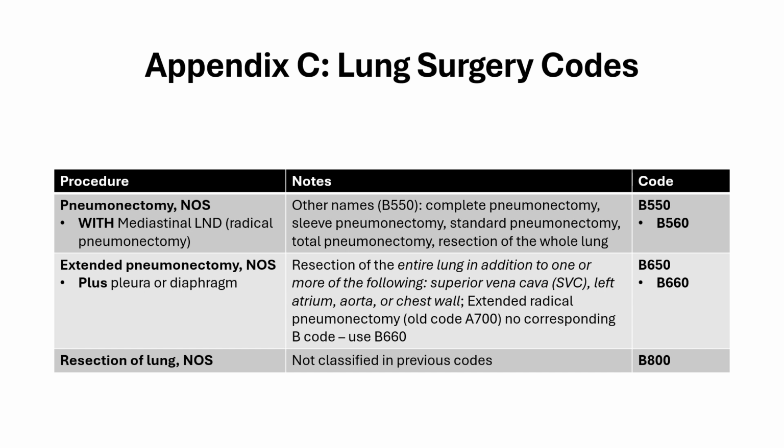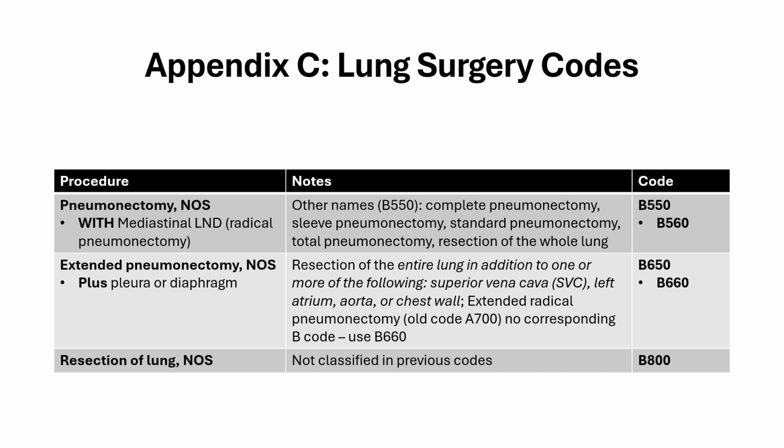And the last bit on the lung surgery codes here, we have the pneumonectomy codes. So we have pneumonectomy NOS, and that is B550. Some other names for this is complete pneumonectomy, sleeve pneumonectomy. This is the resection of the whole lung. This is an entire lung removed. If there is mediastinal lymph node dissection, also known as a radical pneumonectomy, this is code B560.